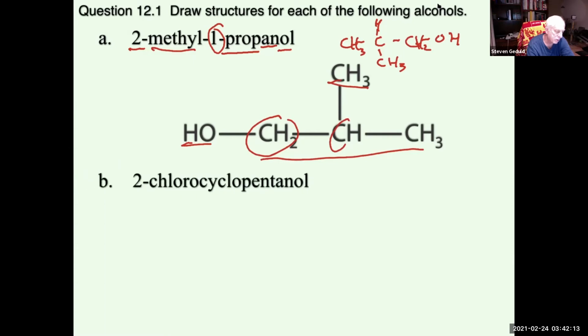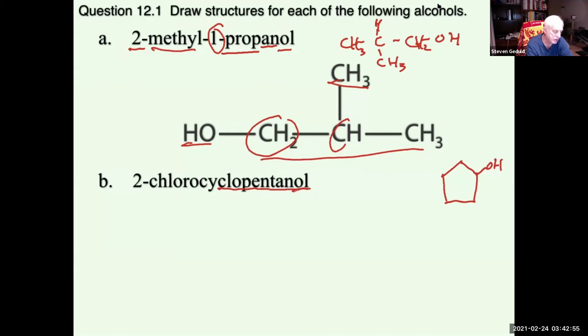Okay. 2-chlorocyclopentanol. So we have cyclopentane, 5 carbons in a circle. And it's an OL. Whenever we have a cyclical compound and we have an alcohol, the functional group is always number 1. So no matter where I put the OH group, this is number 1. So this is cyclopentanol right here, all single bonds, cyclical 5 carbons.